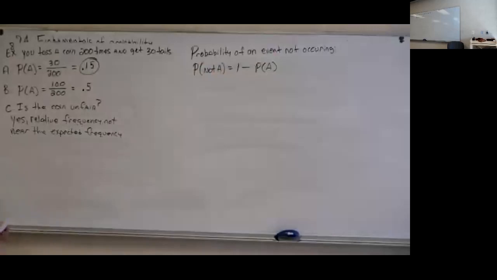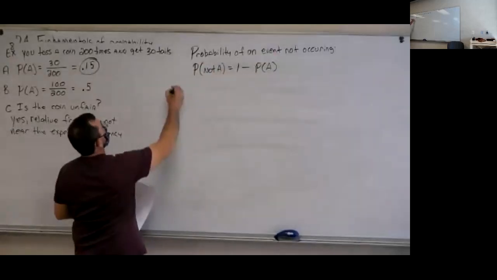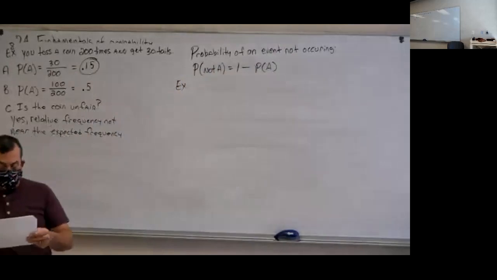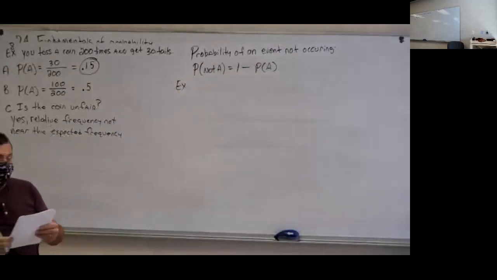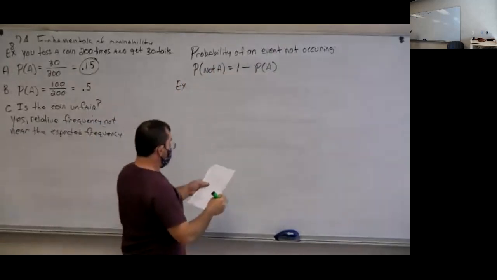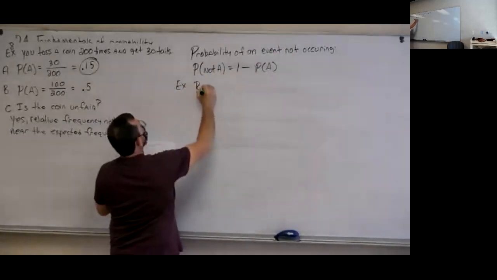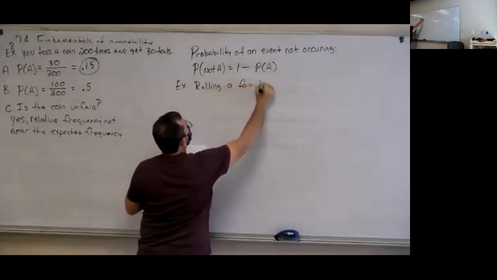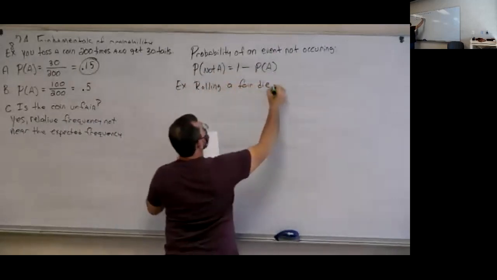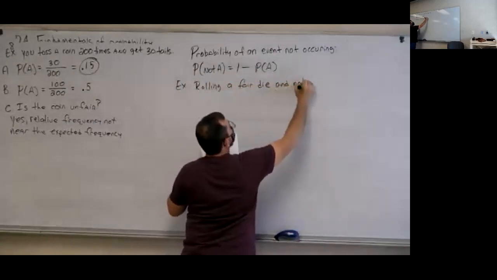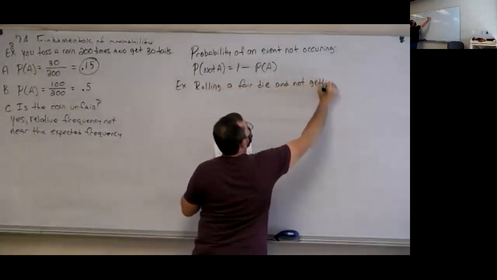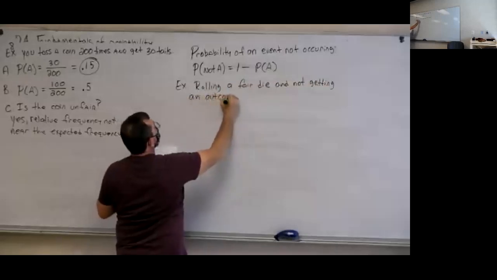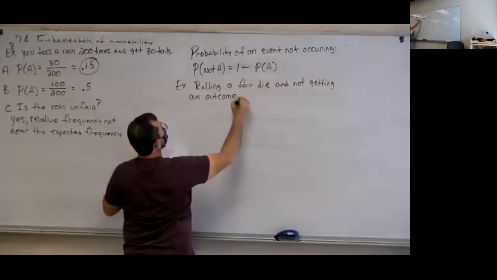So we were on 9, right? What is the probability of rolling a fair die and not getting an outcome less than 4?